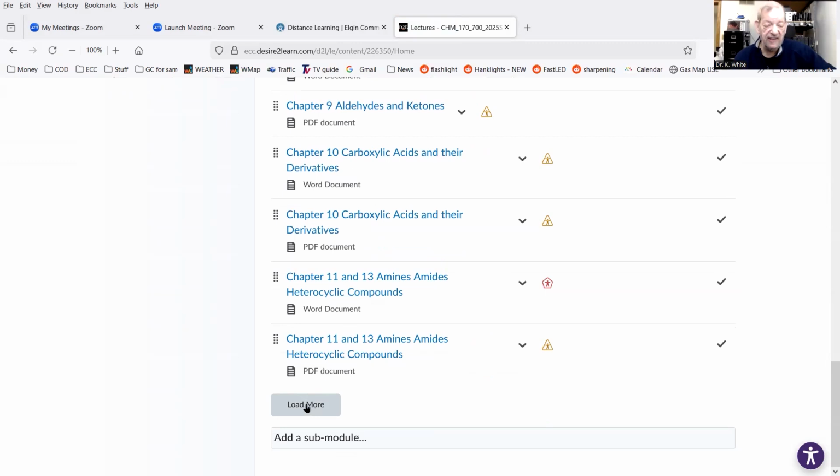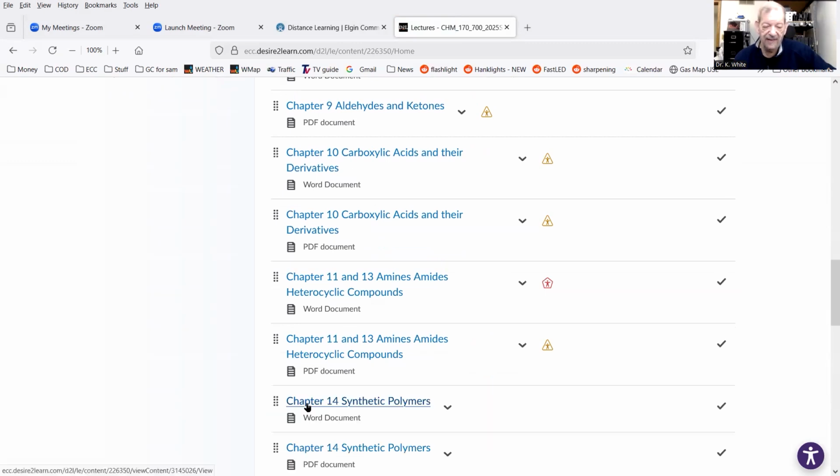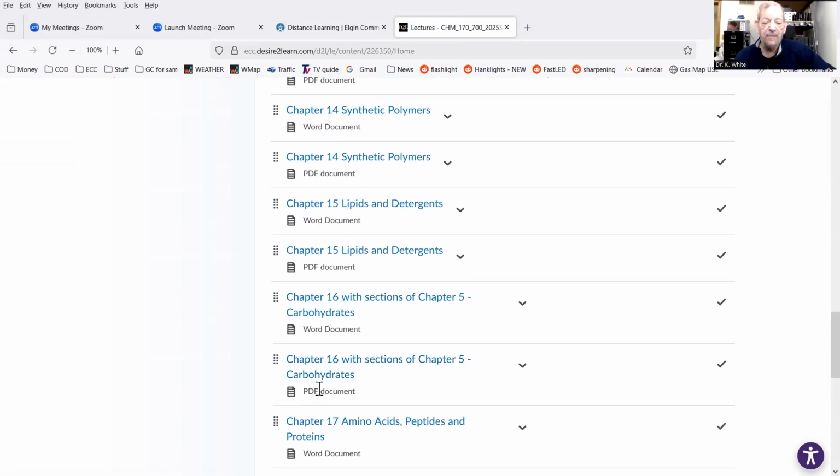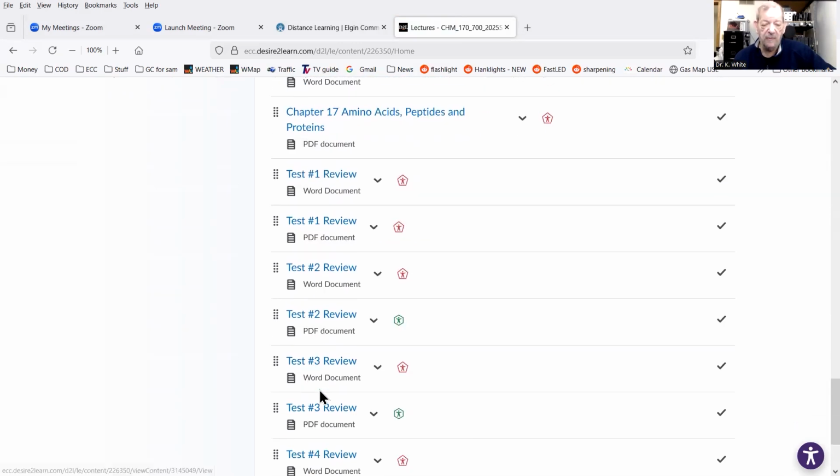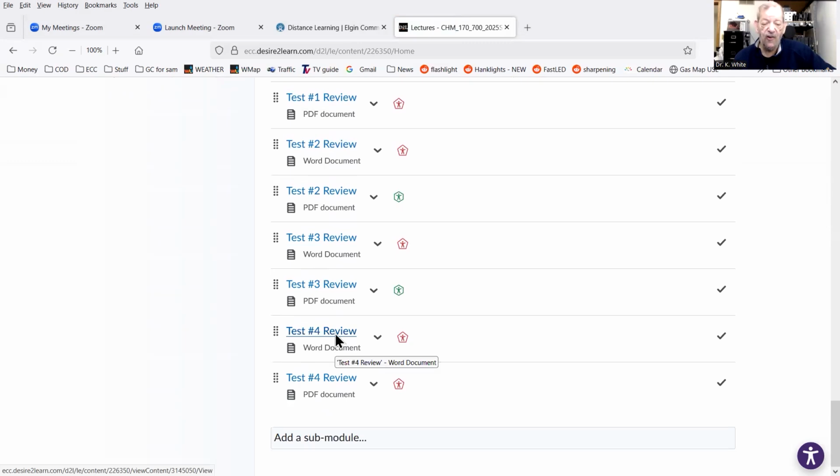You have to click it, left mouse click, which I'm going to do right now. And now you can see chapters. The most important thing is test 4 review. I will be going through the test 4 review with the Word document. It's also available as a PDF document. All right, let's get going.